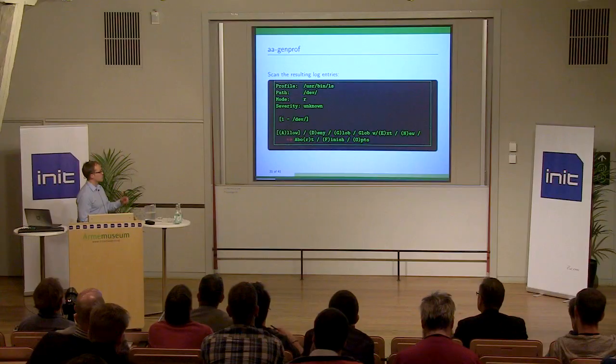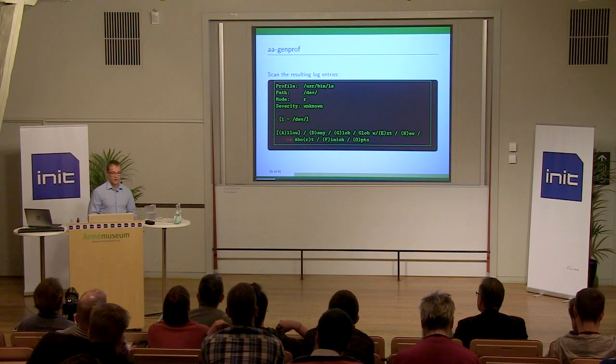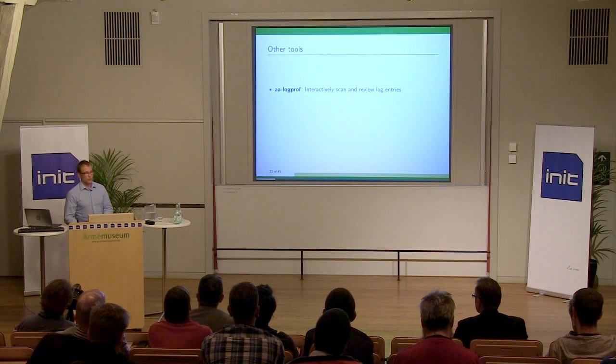And then there are several other options that you won't need most of the time, and the man page explains them. So you go through them one by one and just tell the tool what you want to do with those rules. And once you're finished, then it creates the profile and you can use it. So it's quite easy to use, but you still have to understand what kind of access you really want to allow.